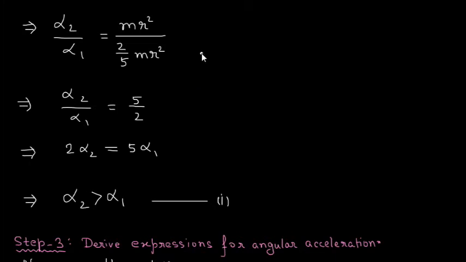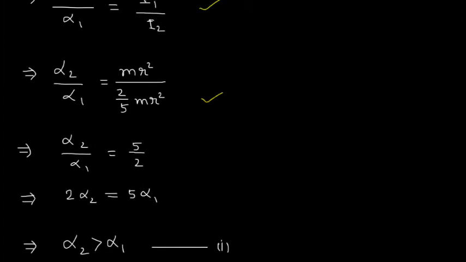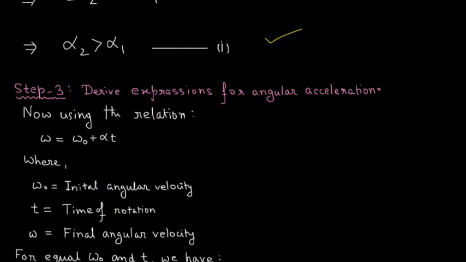So alpha 2 upon alpha 1 is equal to mr square upon 2 by 5 mr square, where we have put the value of I1 and I2. So alpha 2 upon alpha 1 is equal to 5 by 2. Therefore 2 alpha 2 is equal to 5 alpha 1. Therefore alpha 2 is greater than alpha 1. This is equation number 1.